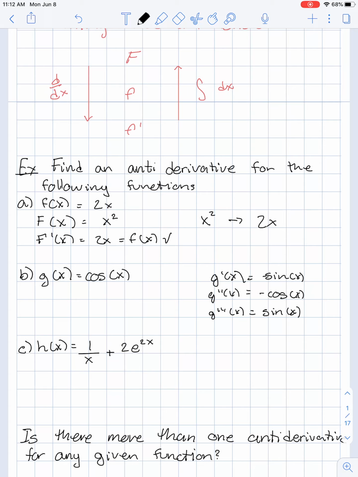Because sine and cosine have this cyclical derivative. So whose derivative is going to be cosine? It is sine of x.